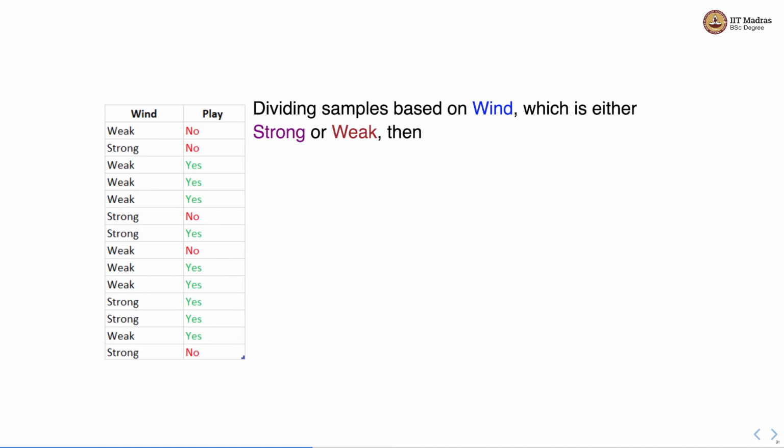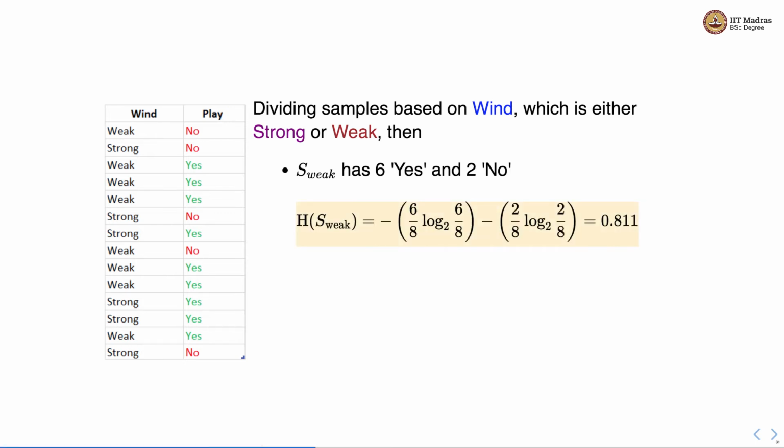If we divide samples based on wind, which is either strong or weak, then we have 6 yes and 2 no for the value of wind equal to weak. So the entropy for the value equal to weak is 0.811. We use the same calculation as we did for the entire dataset.